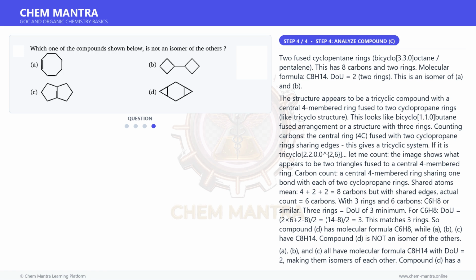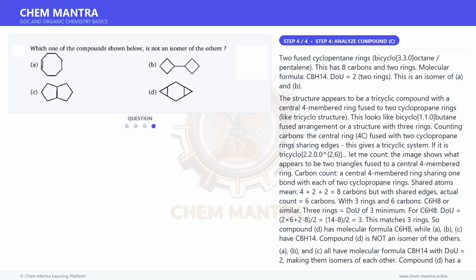For C6H8, DU is equal to (2 times 6 plus 2 minus 8) divided by 2, which is 14 minus 8, divided by 2, equal to 3. This matches 3 rings. So compound D has molecular formula C6H8, while A, B, C have C8H14.